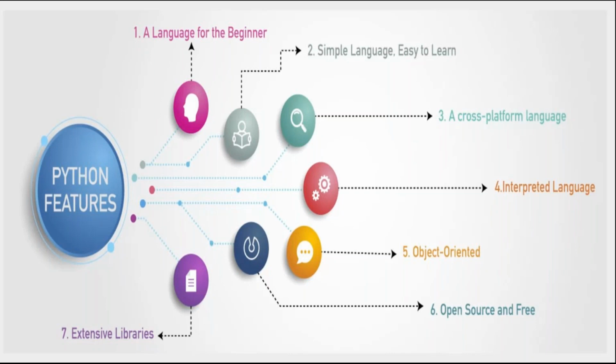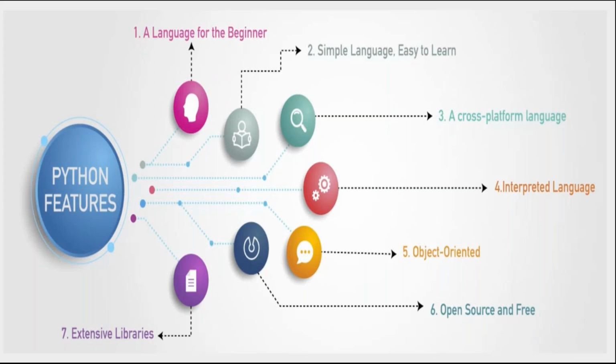You will see the OOPS concept in C++, Java, and all these languages. Python is also an object oriented programming language. We're going to cover that as part of our syllabus, and we are going to learn the OOPS concept also. All right. So not only object oriented, Python is functional oriented also.